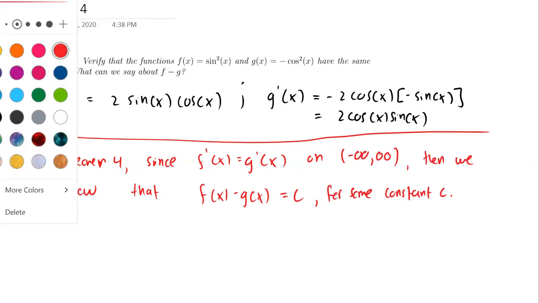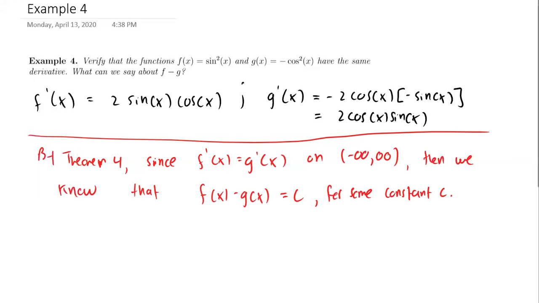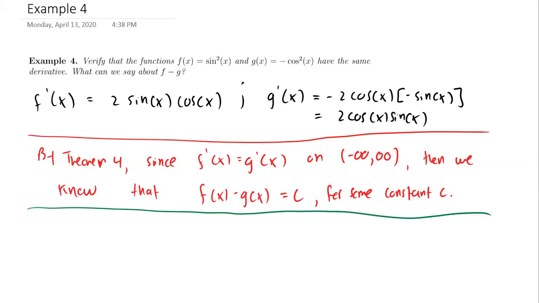We can actually verify that this is true. So this doesn't tell us what the constant is. It just tells us that f and g differ by a constant. We can actually find what that constant is. In this case, it's very easy. Because if we take f of x minus g of x, well, that's sine squared x minus negative cosine squared x.